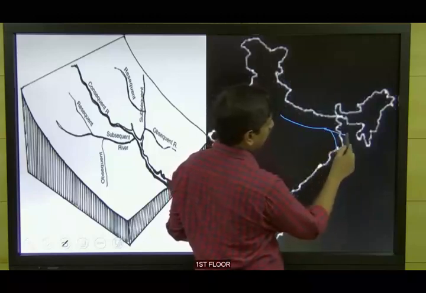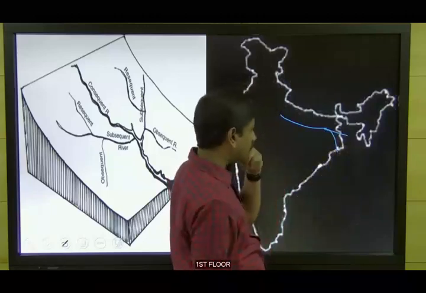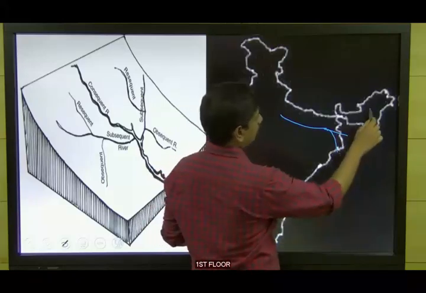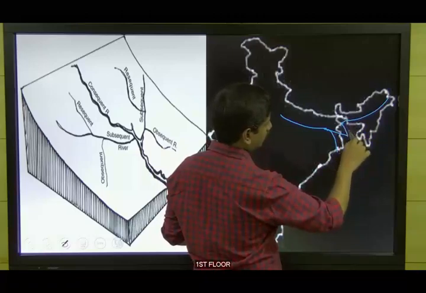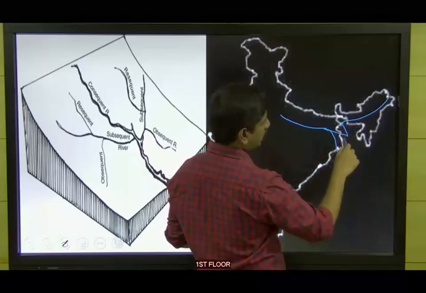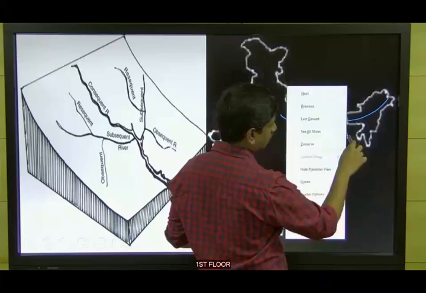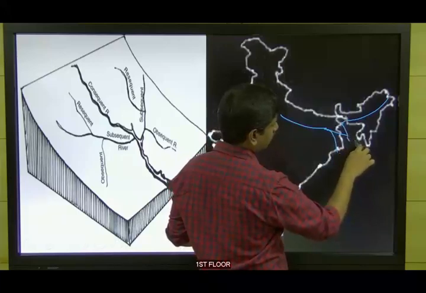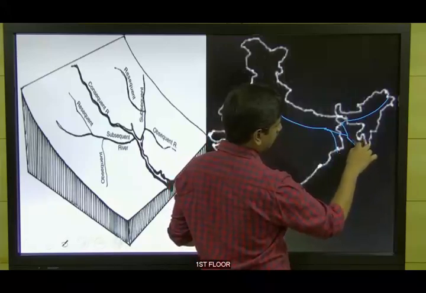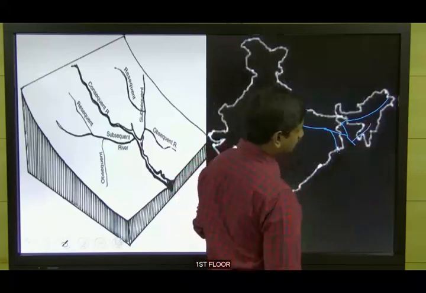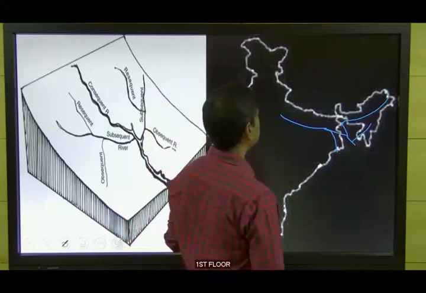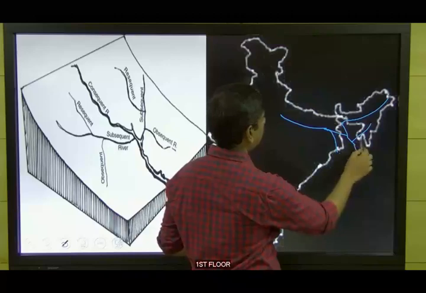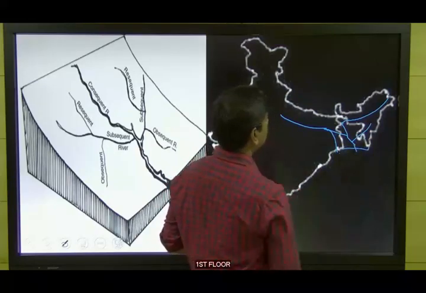This is Hooghly. Towards the Bangladesh side, it is known as Padma. The Brahmaputra, when it enters into Bangladesh, is known as Jamuna and falls into Padma. And the Padma, during its final course, receives another river known as Meghna. Okay, all drain into the ocean at this point.